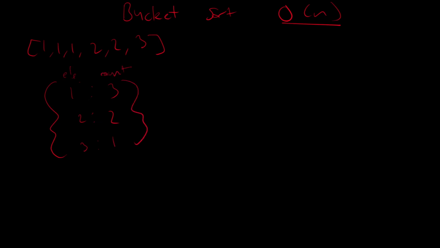Once we have this map, we can convert it into a new array of length n, with indices 1 2 3 4 5 6. We can instantiate this bucket to be a group of empty arrays inside a bigger array.